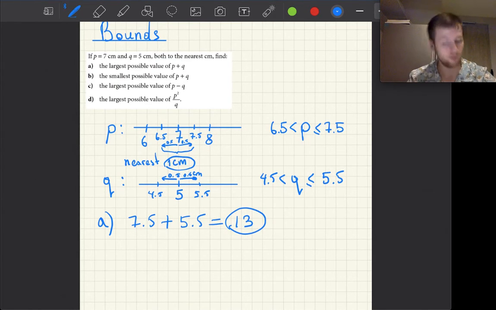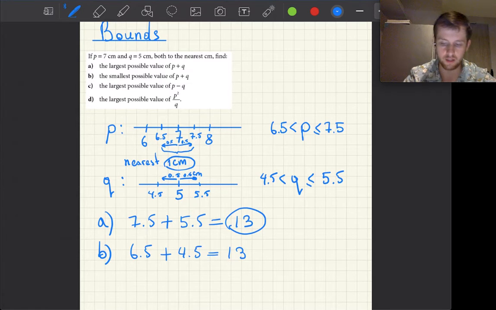The smallest possible value of P plus Q, also quite easy, right? So we just take the lower bound for P and lower bound for Q, and we arrive at 11. That's going to be 11, the smallest possible value.